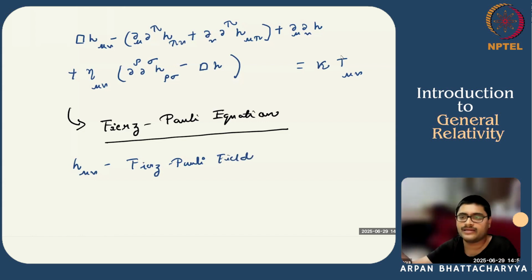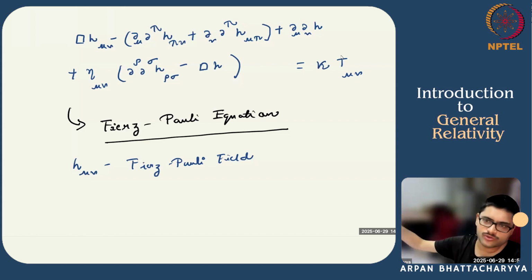This is nothing but a linearized gravitational field whose equation of motion is second order. And of course, it is linear in h mu nu as well as the source.